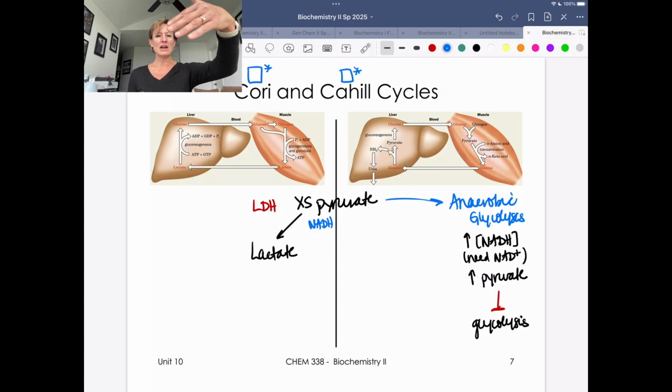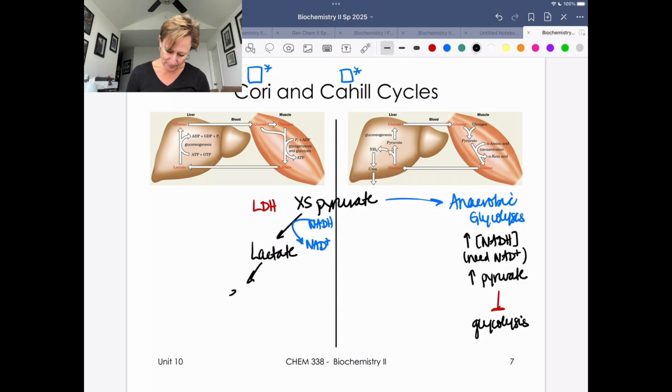Because pyruvate is reduced to lactate, something needs to get oxidized, and what gets oxidized is NADH to NAD+. So we've got that twofer. We not only deal with elimination of pyruvate, so we can continue glycolysis because that inhibitory feedback is not happening, but we also regenerate NAD+.